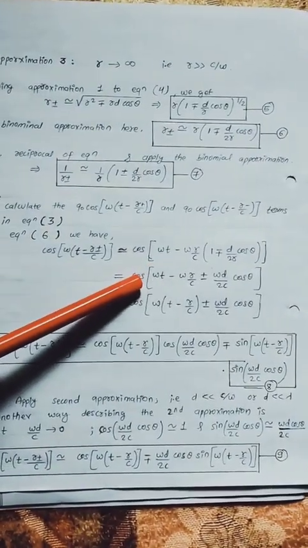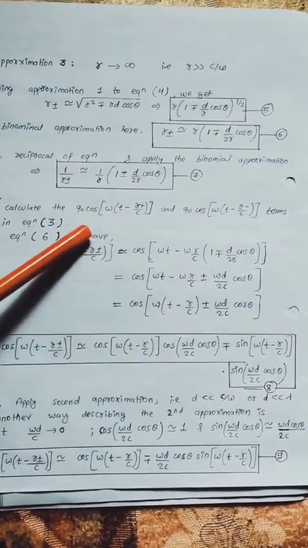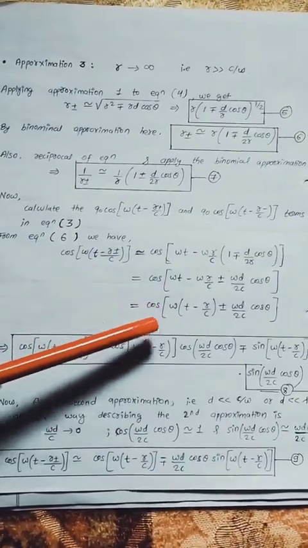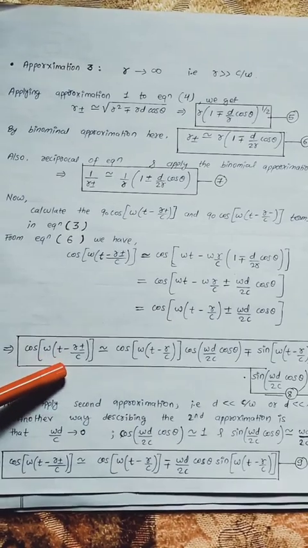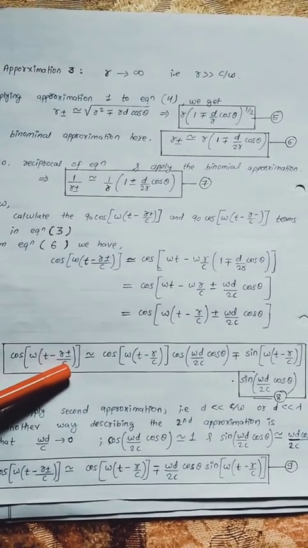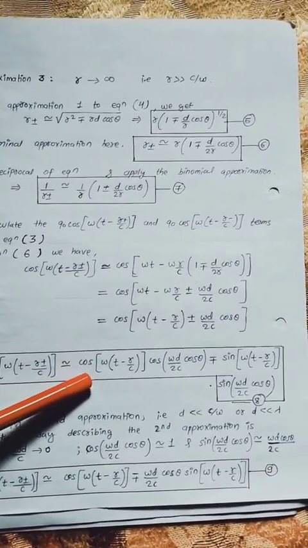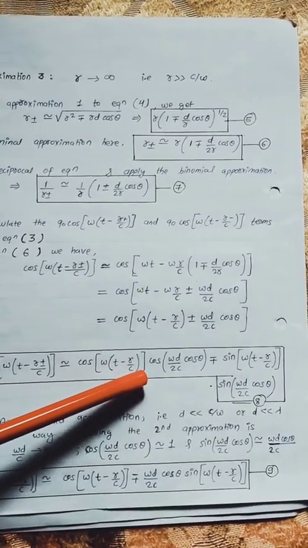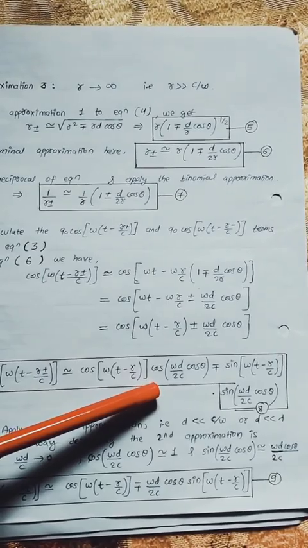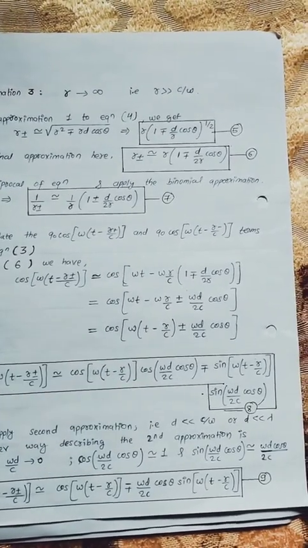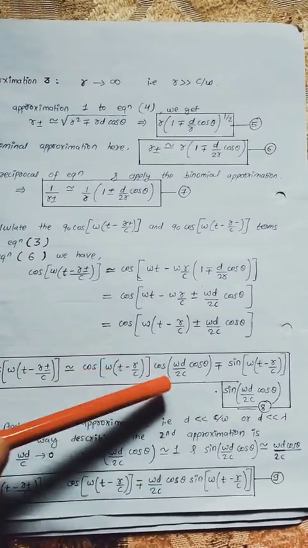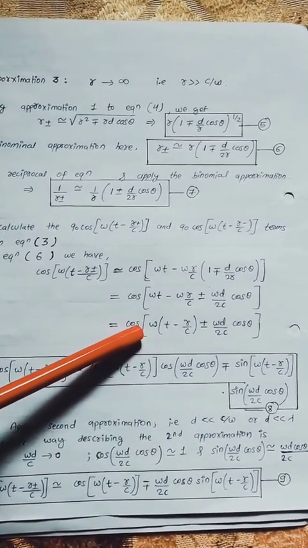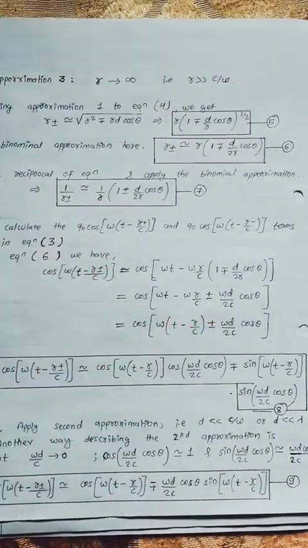Then arranging this, we put the value of r plus minus here. Finally, cos of omega t minus r by c equal to cos of omega t minus r by c times cos of omega d by 2c cos theta. This is the total because of the cos formula, cos a plus cos b.